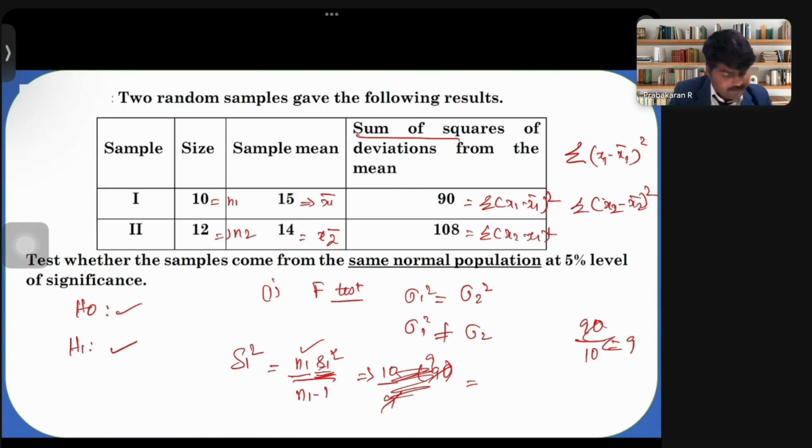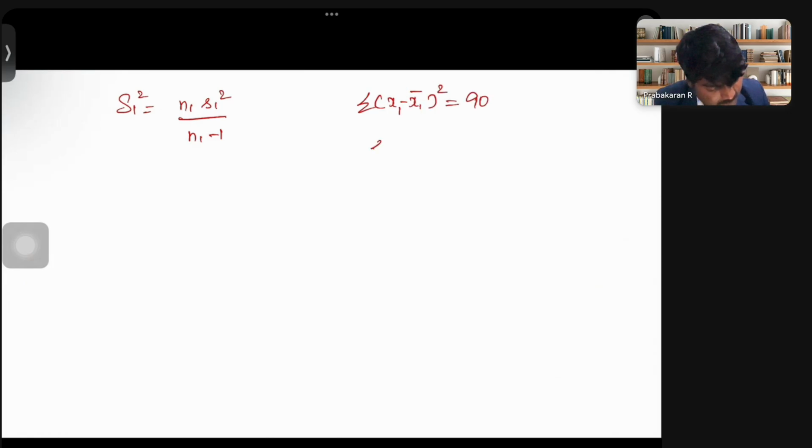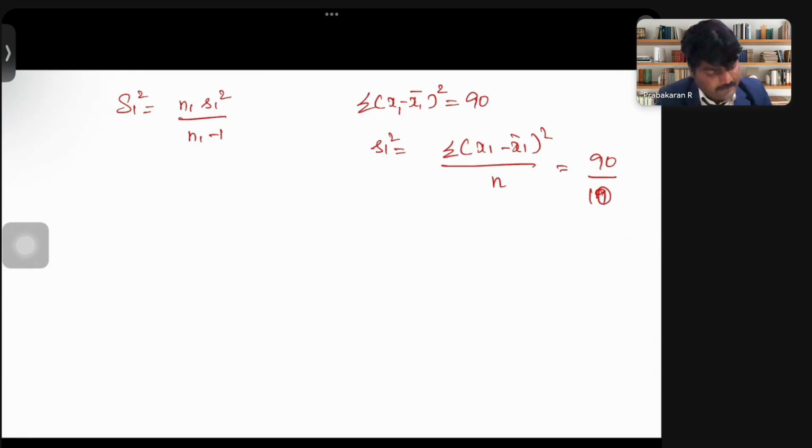First we can find the S1 square value. It is n1 by n1 minus 1 times s1 square. Before that, the summation of x minus x bar, for the first sample, is 90. For small s1 square, it is summation of x1 minus x1 bar whole square by n, that is 90 by 10, where the first sample size is 10.